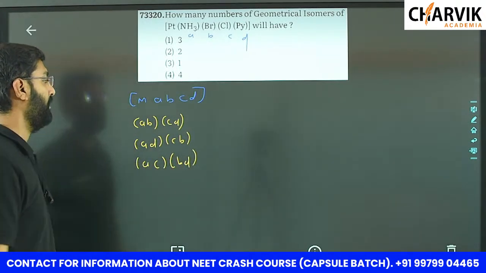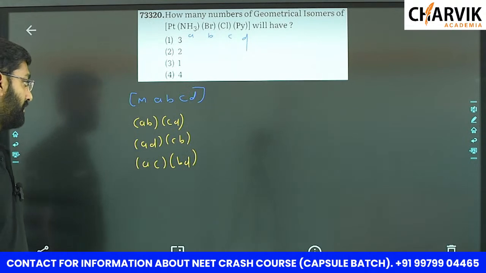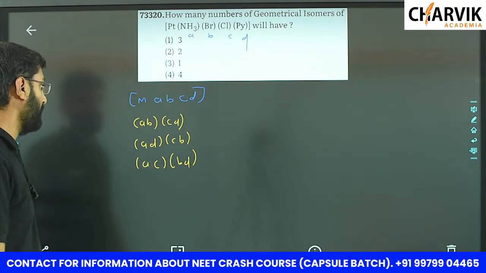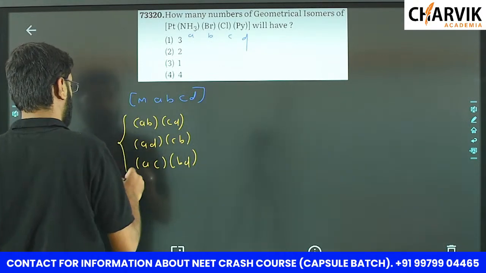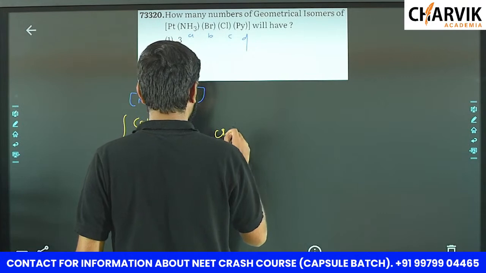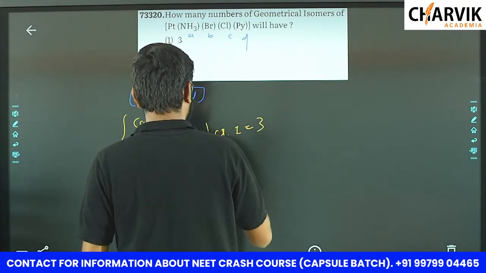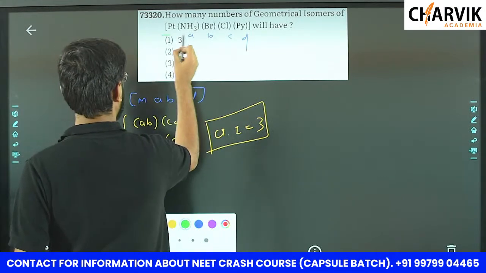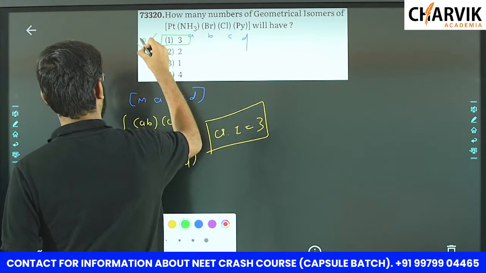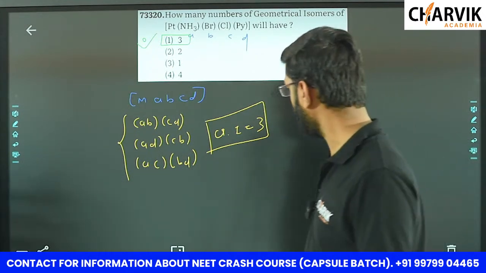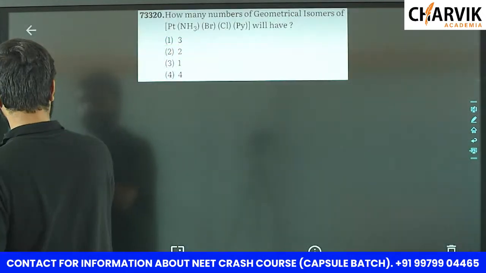Now, can any other brackets be formed? No. You have a total of 3 brackets. So the total number of geometrical isomers is 3. Right? So your correct option is that. Now, move to the next question.